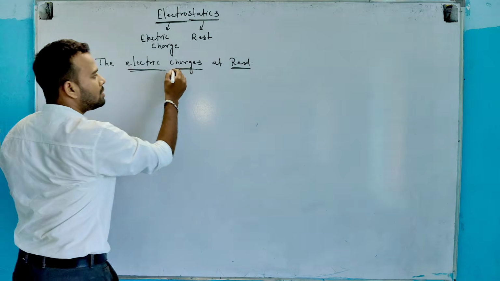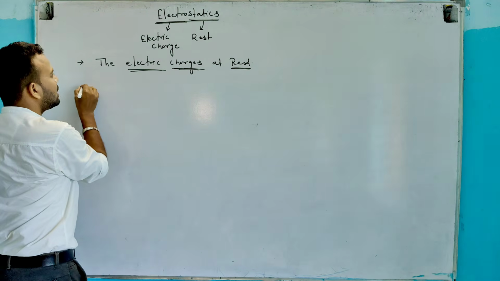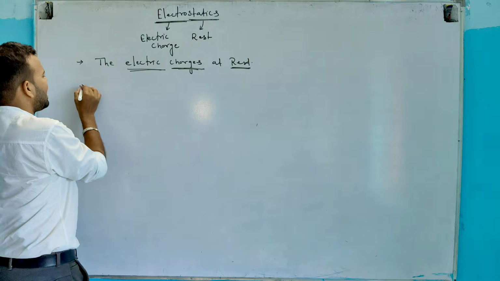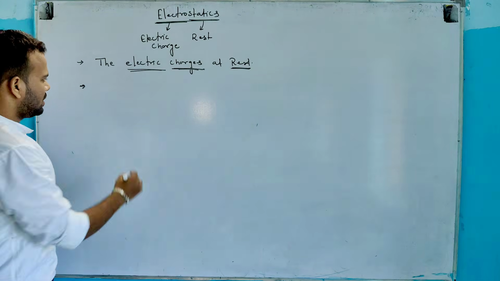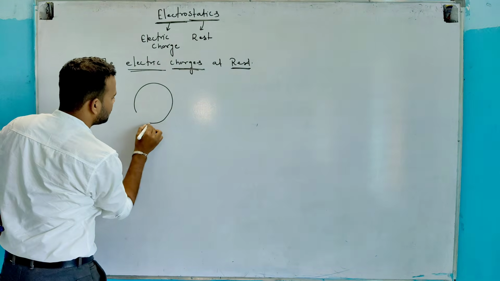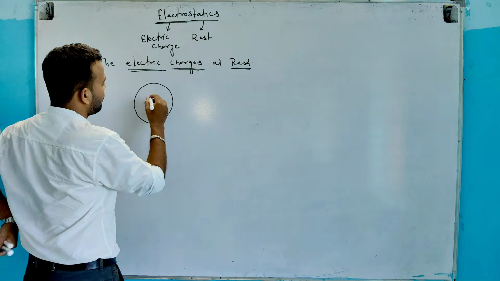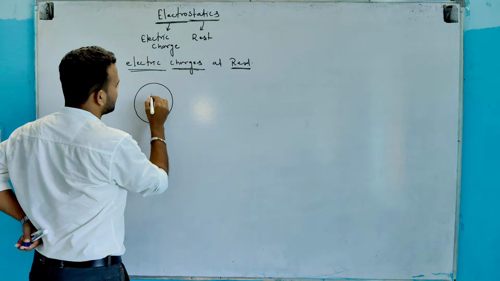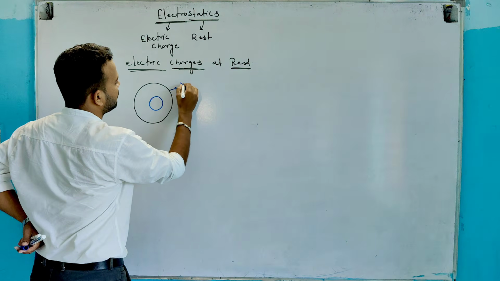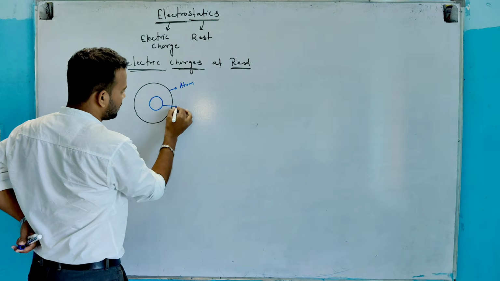So, here is a word, that is charge. What is the meaning of a charge? Charge a body. So, this is an atom, and inside the atom, a nucleus is present. This is the atom, this is the nucleus.